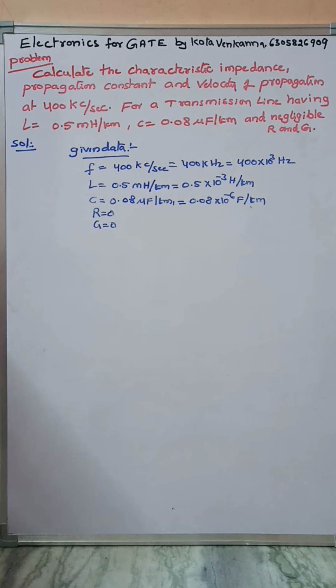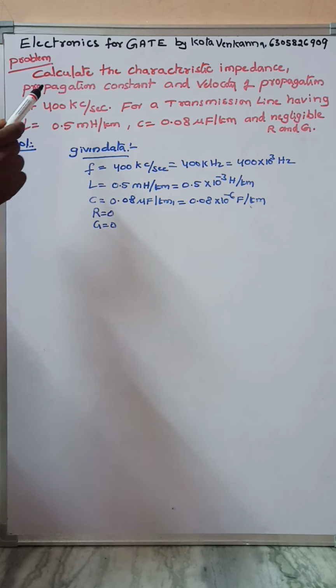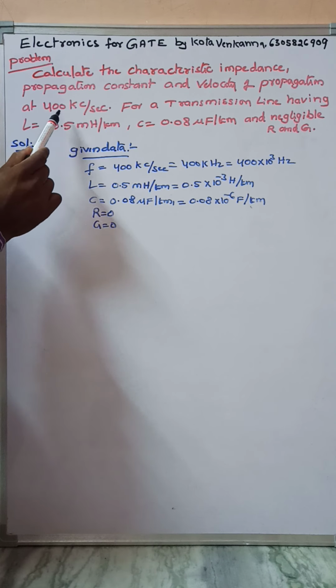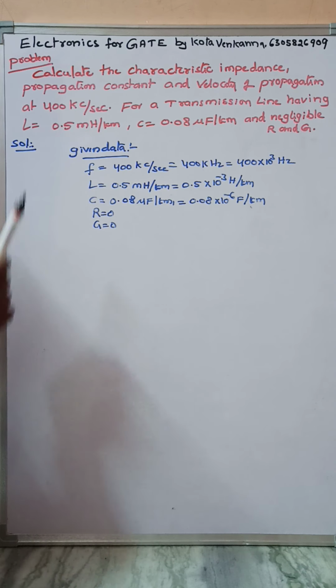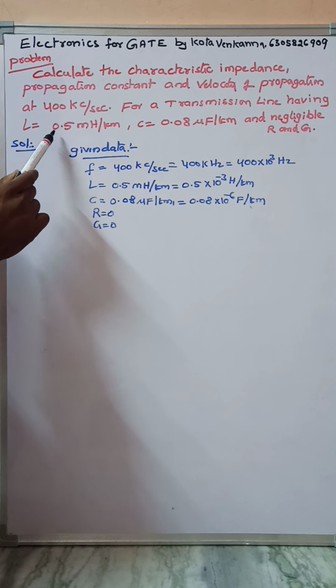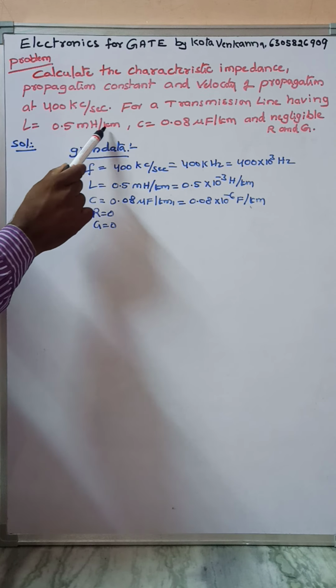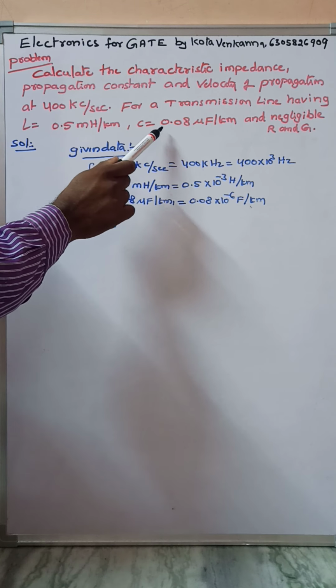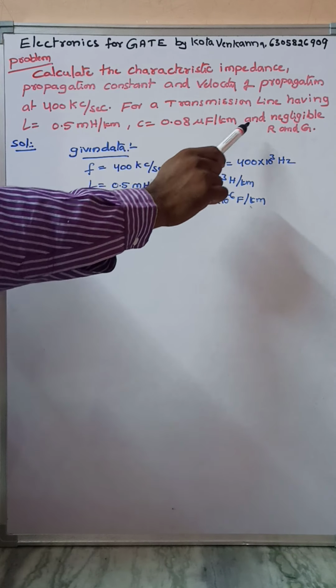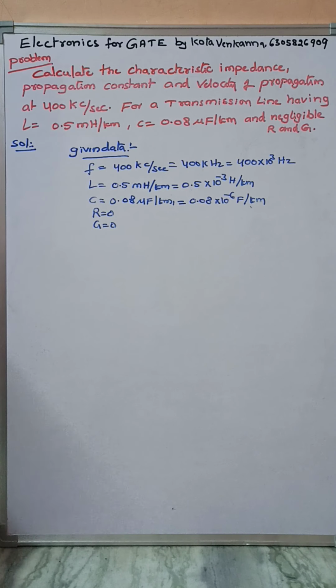Calculate the characteristic impedance, propagation constant and velocity of propagation at 400 kilocycles per second for a transmission line having L equal to 0.5 millihenry per kilometer and C equal to 0.08 microfarad per kilometer and negligible R and G.